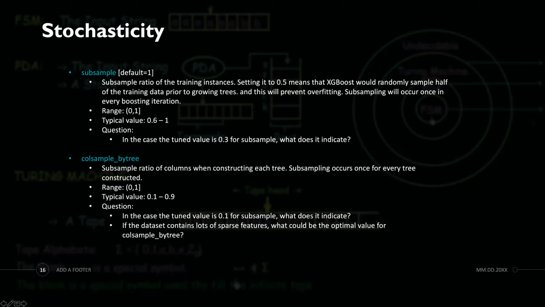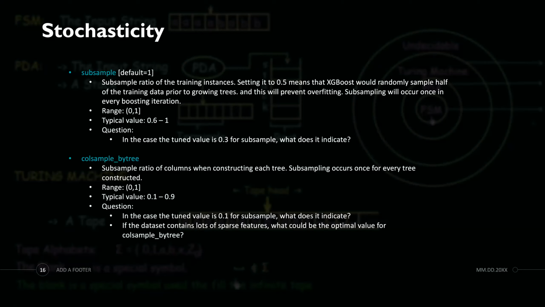Let's think about the data. One common sense for training machine learning models is that the more data, the better, right? But keep in mind that subsample controls the percentage of examples we use for training a new decision tree during the boosting process.